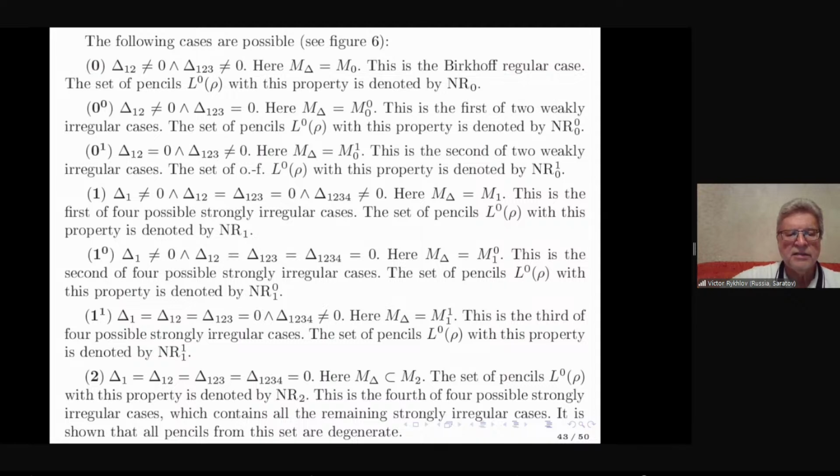And very important for us are the irregular cases, the case 1, 1, 0, 1, 1, and two classes 2, which are degenerate pencils. The next.